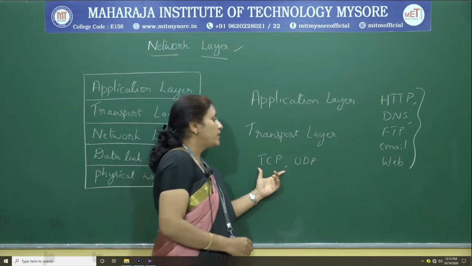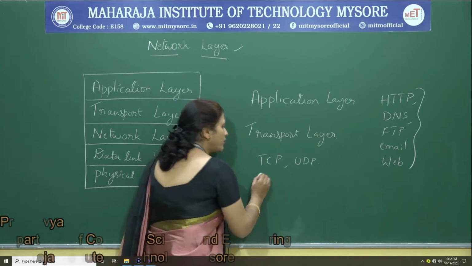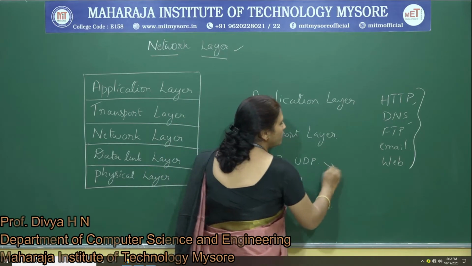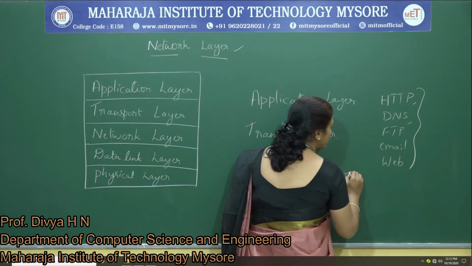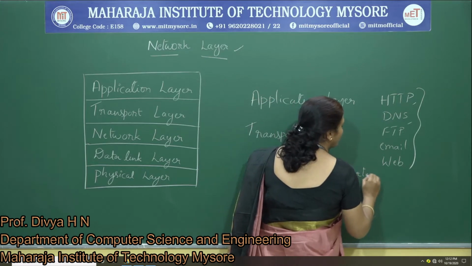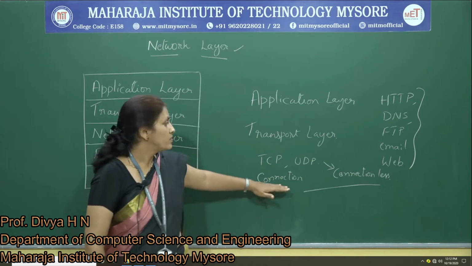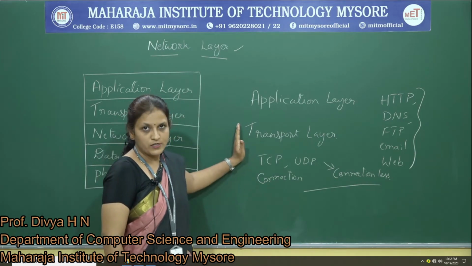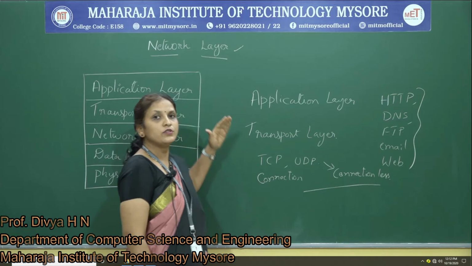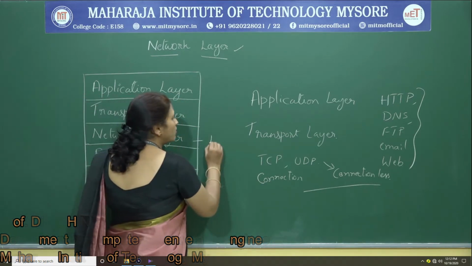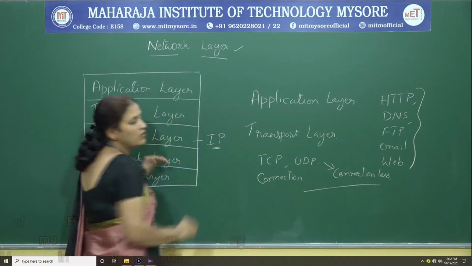Now, when we say TCP, it is a connection oriented protocol and UDP is a connectionless protocol. We have studied this also in the second module, that is transport layer, right? Moving on to the next layer, that is network layer. Here we are going to learn about internet protocol.